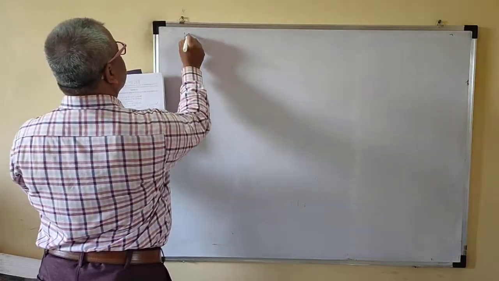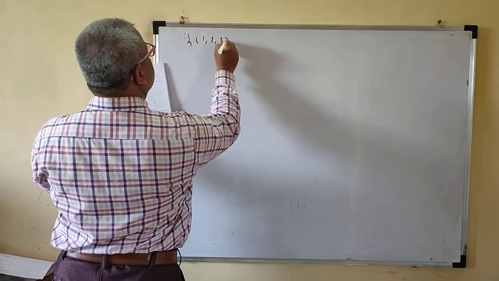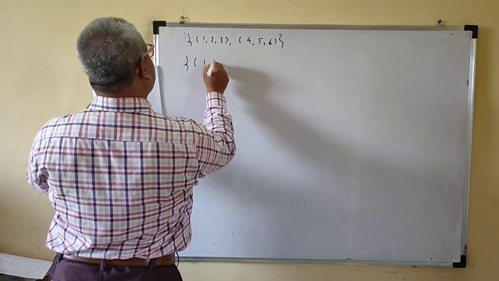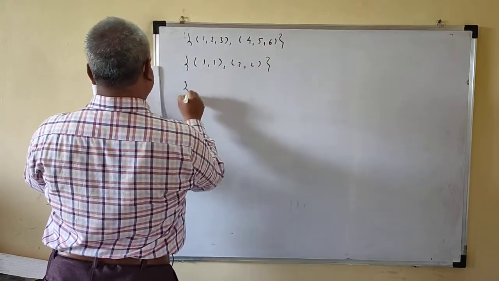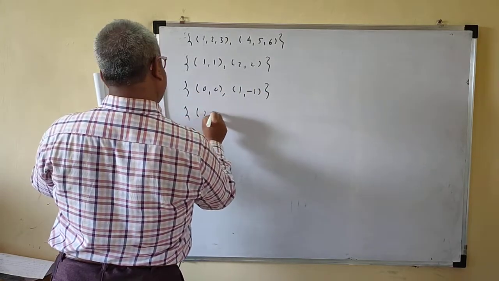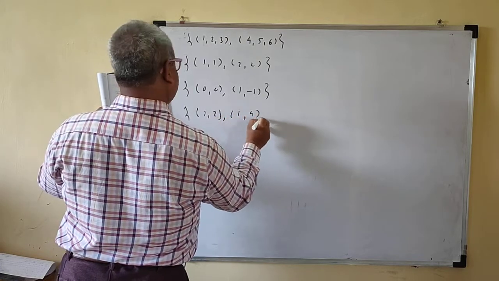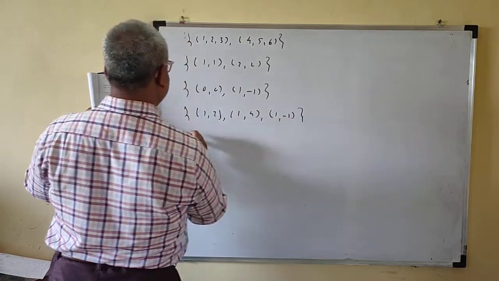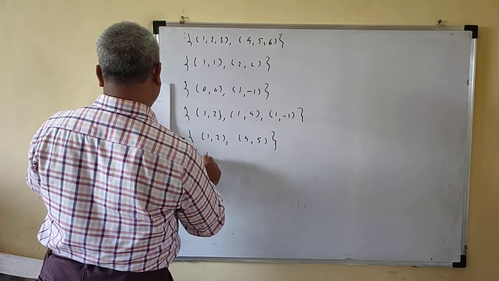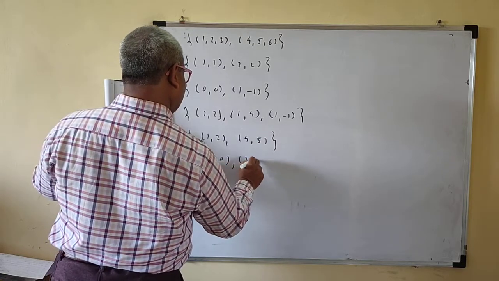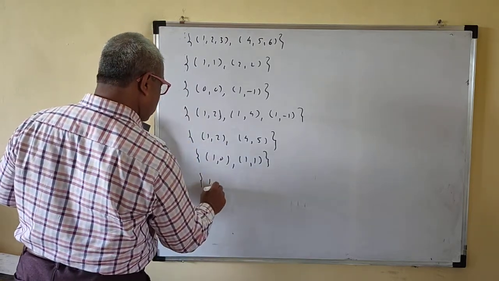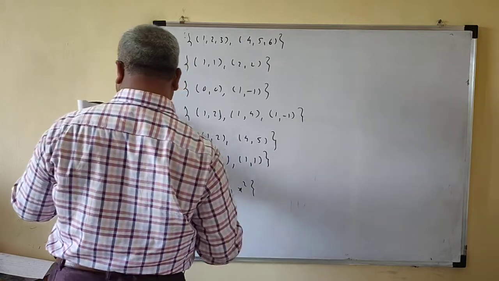Now we'll check which is the basis. I will write the sets and we will judge which will be the basis here. The sets are (1, 1, 2, 2), (0, 0, 1, -1), then (1, 2, 1, 4, 1, -1), (1, 2, 4, 5), (1, 0, 1, 1), then 1, x, x square, 1, x square.